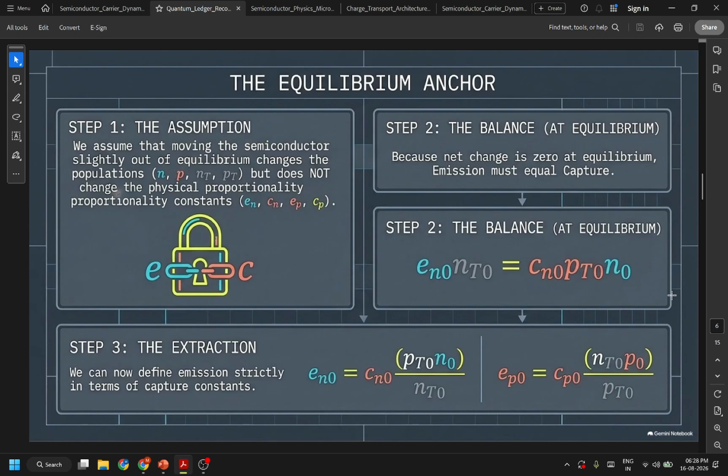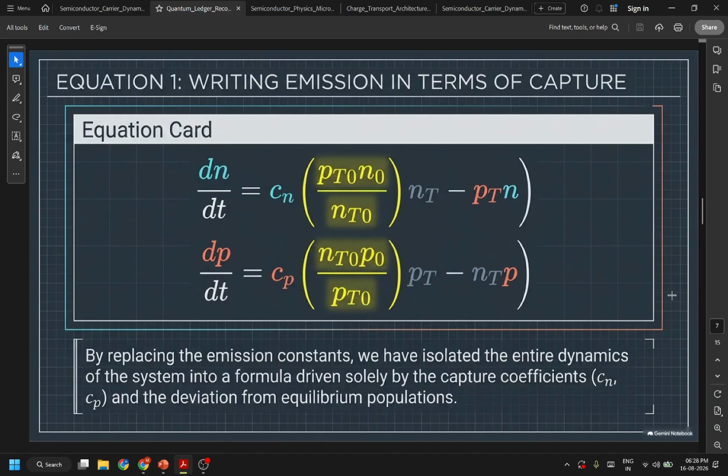From then we can calculate each part. So En naught equals Cn naught, Pt naught, N naught by Nt naught. Similarly for Ep naught, we can say Cp naught, Nt naught, P naught by Pt naught. So then we can write the emission coefficient in terms of the capture coefficient.